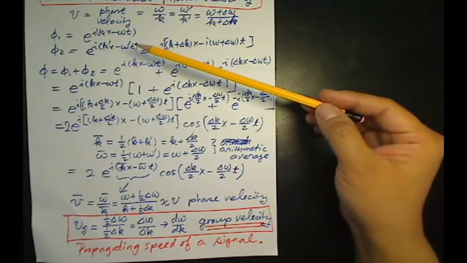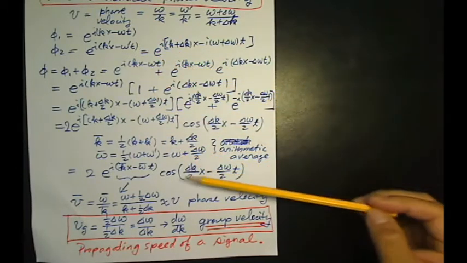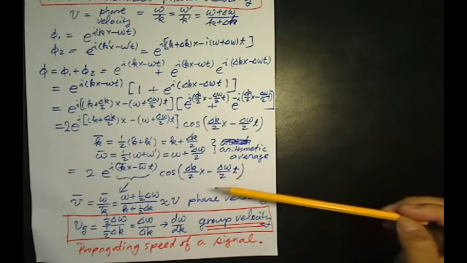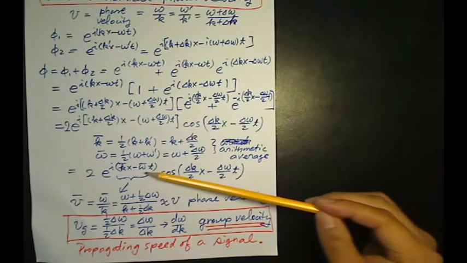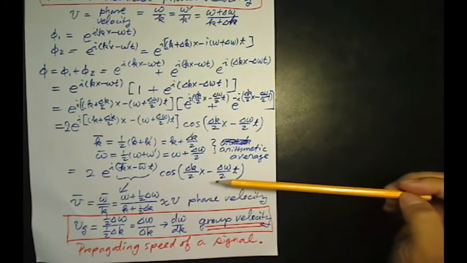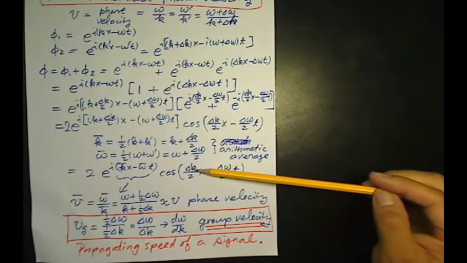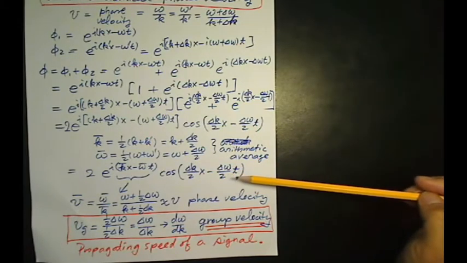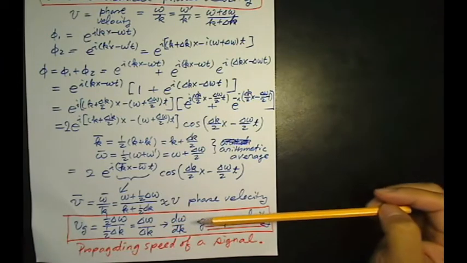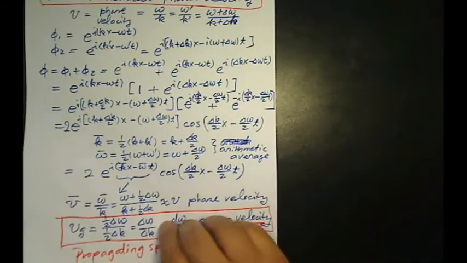And if they are slightly different, then the remaining piece has another velocity that is very different from the original phase velocity. Here, the velocity of this wave is delta omega over delta k. Sure, the factor of 2 cancels. So this one, we call the group velocity.